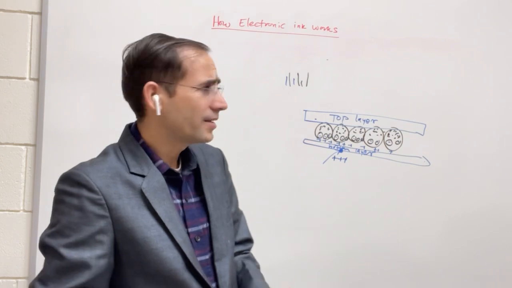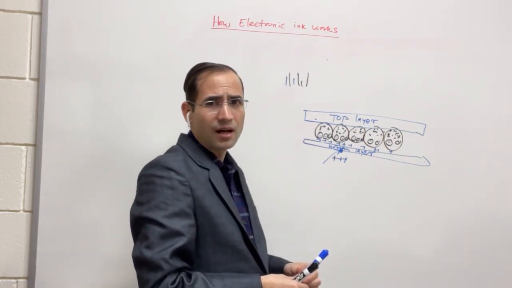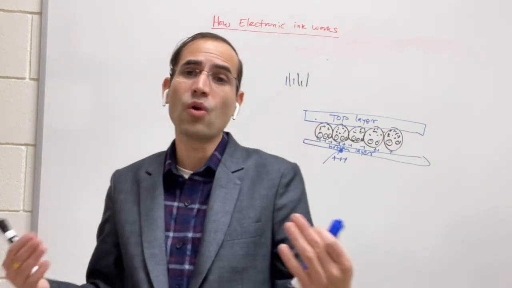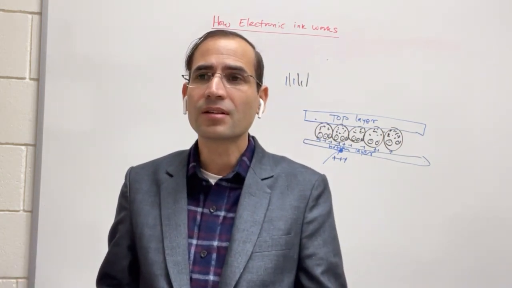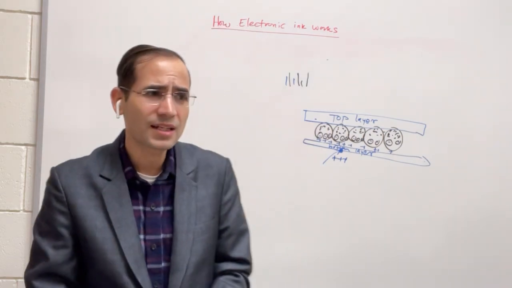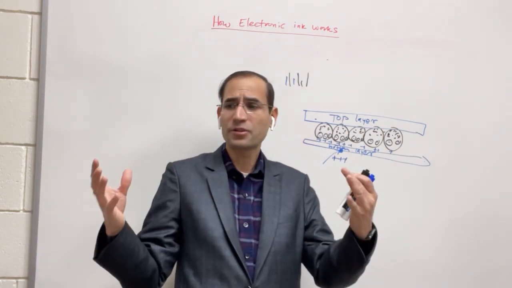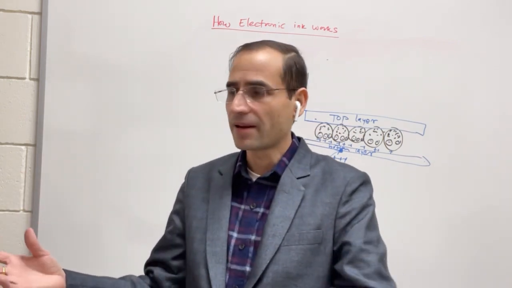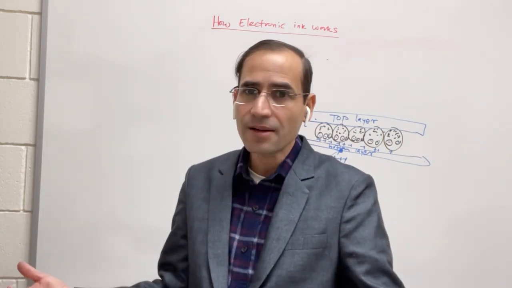Electronic ink technology has the potential to revolutionize the way we read in our education system, because just like on computer screens, we can change the symbols displayed on the LCD screen instantly.